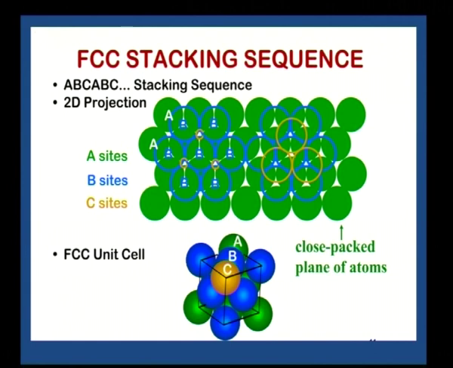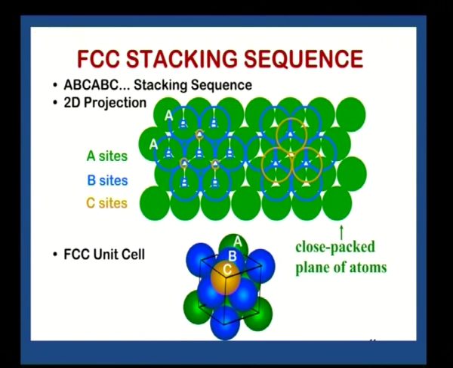You are generating the second layer. At this point there will be 3 balls sitting, 1, 2, 3, and then obviously there will be a kind of hole in which you can easily fix the ball B, that is the second layer.